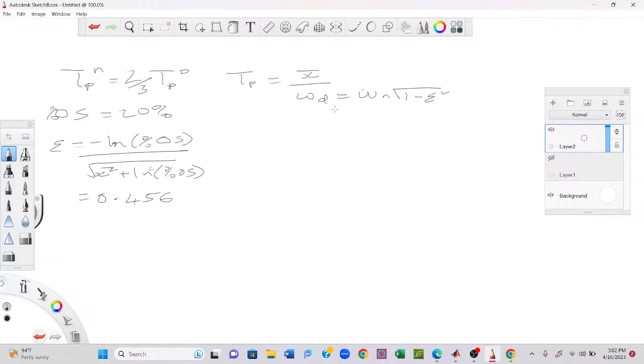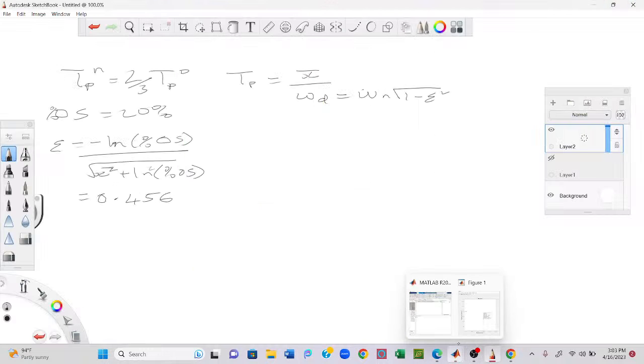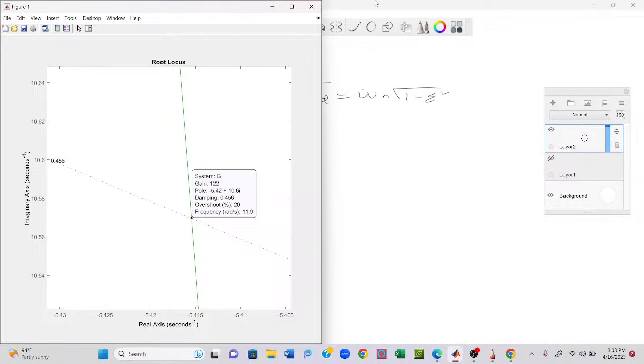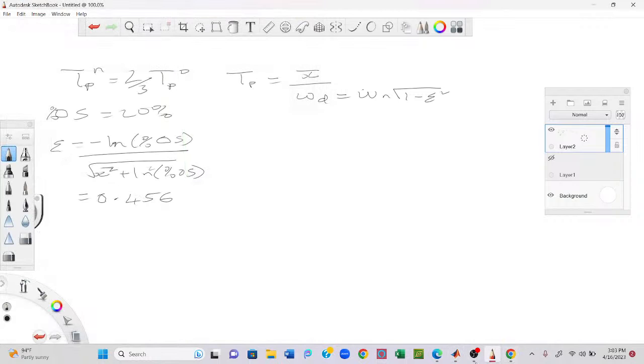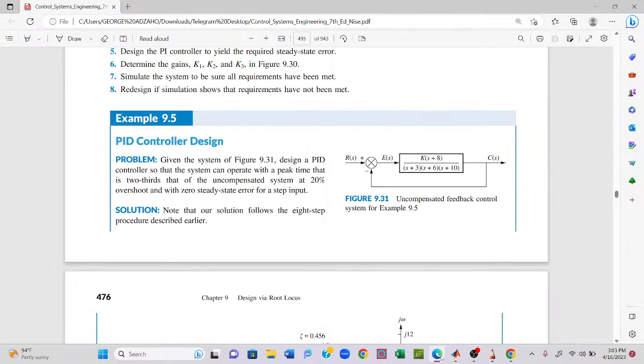That's when MATLAB comes in. So we are going to plot the system in the question on MATLAB.